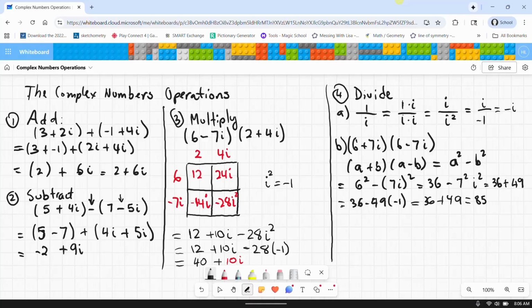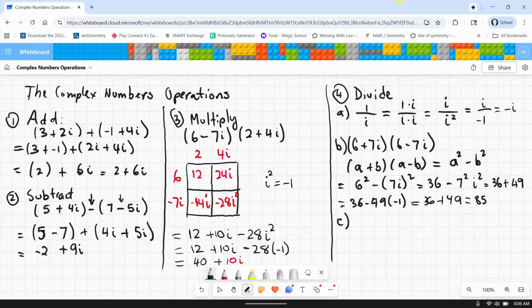Okay, so we want to use example B to divide or simplify the complex number. For example, I have something like this.